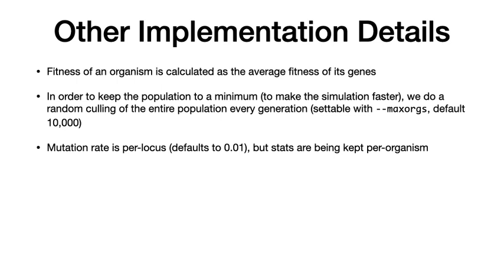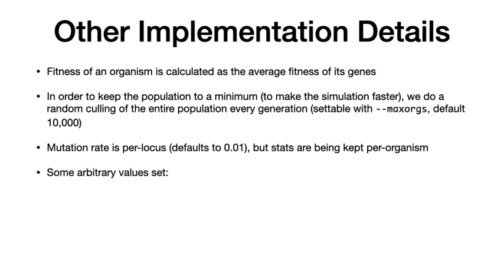The mutation rate is per locus, but we're actually keeping stats per organism. So the beneficial deleterious ratio is not on individual mutations, it's on organisms as a whole. The reason for that is that a lot of the mutation studies that are done with organisms are done around reproduction, so those are whole organism studies, and we're trying to mimic that.